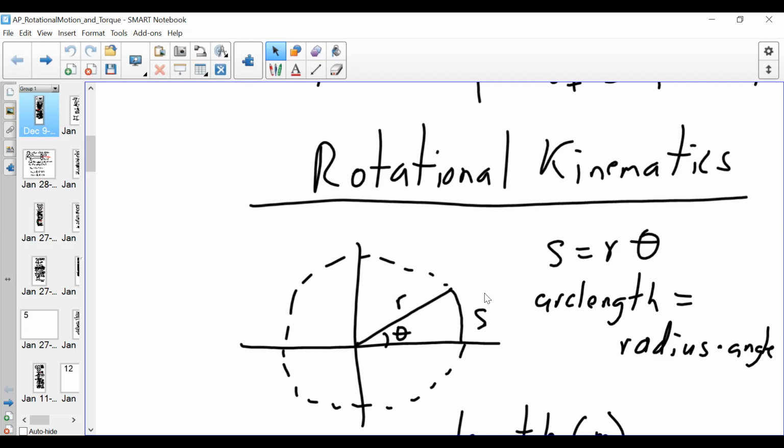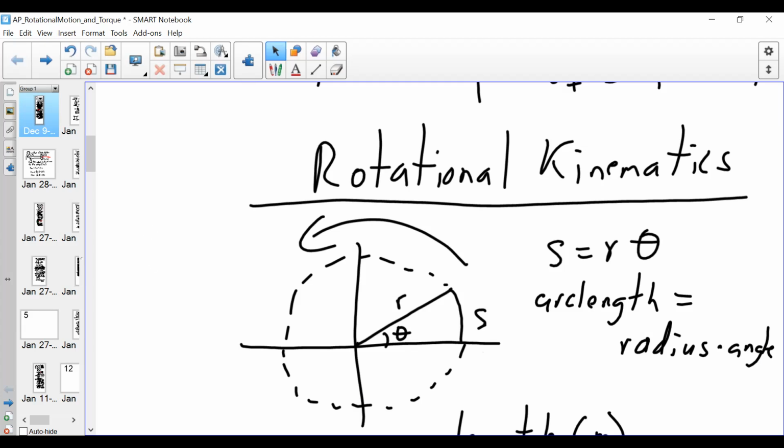But in this picture, we're taking a look at where the particle is at this point, and the distance that is traveled from 0 is called the arc length. This arc length is equal to the radius of the circle times the angle subtended by the radius and the horizontal axis. Our convention is that we're going to spin around counterclockwise. Counterclockwise is considered the positive direction.